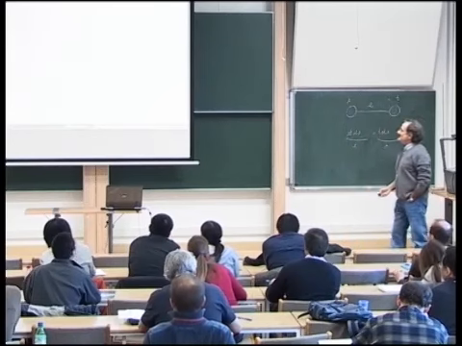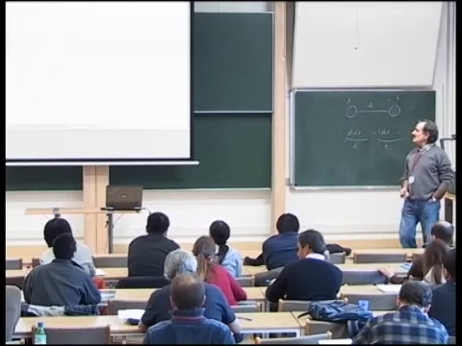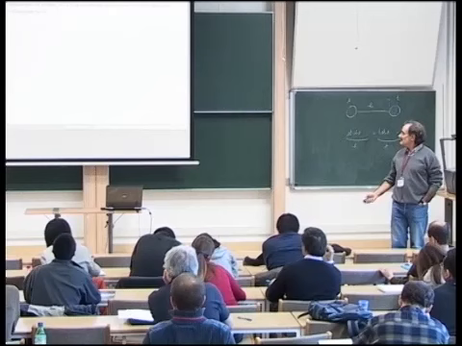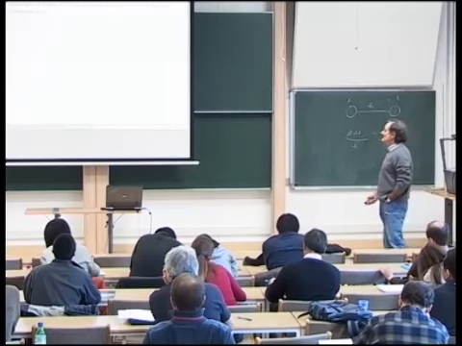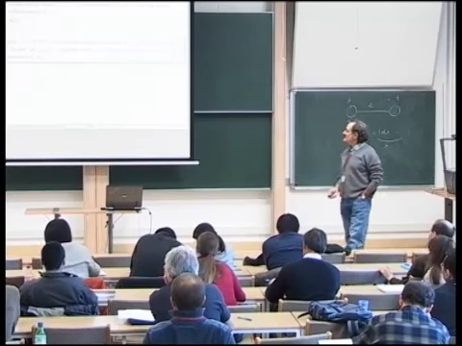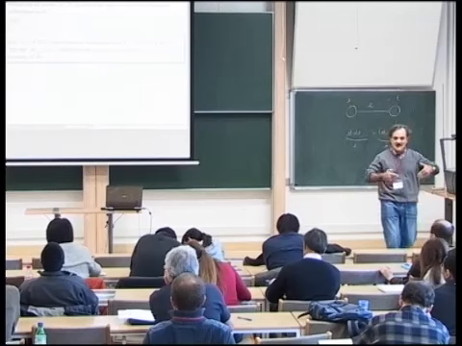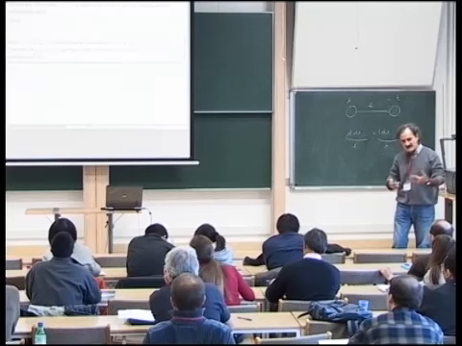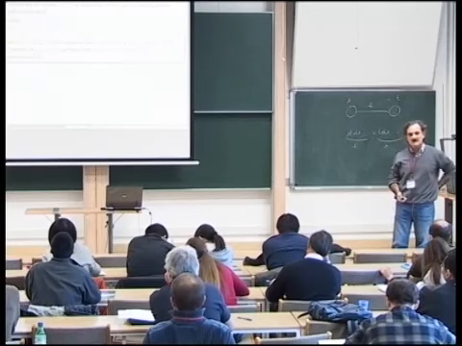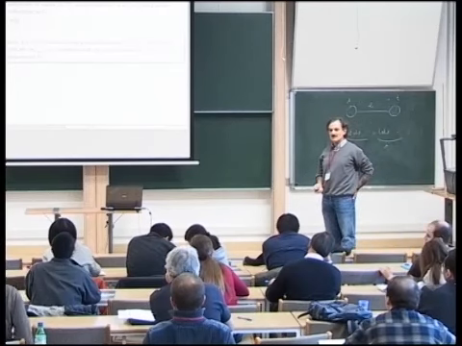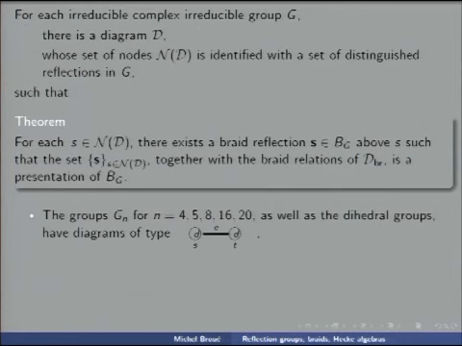All right. Now, for each irreducible complex reflection group, there is such a diagram D, and the set of nodes is identified with the set of distinguished reflections. And theorem: there is the braid reflection above, such that the set of braid reflections together with this braid diagram is a presentation of the braid group. So the situation is pretty much the same as it is for the Coxeter groups and the Coxeter braid groups, right?